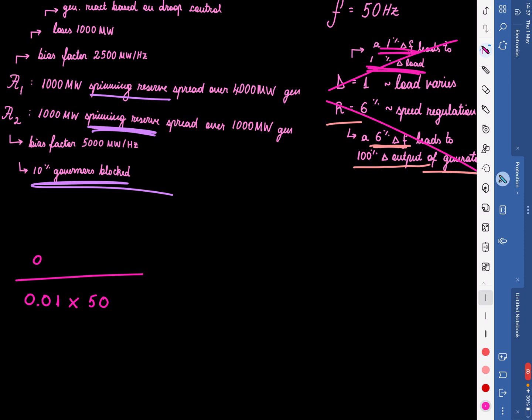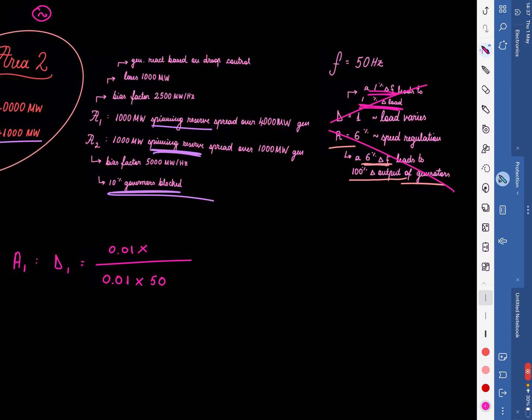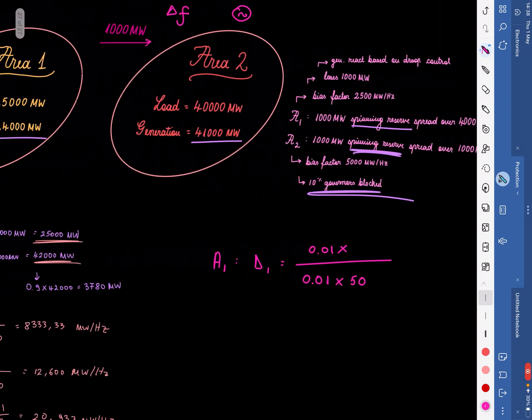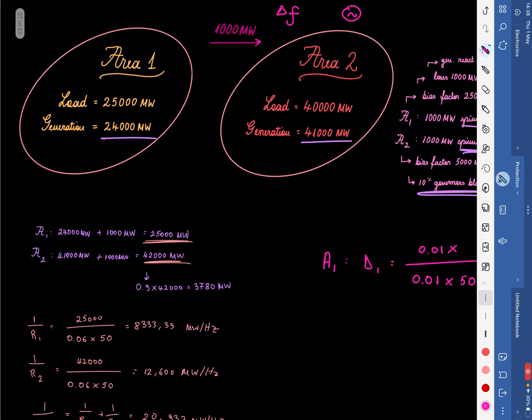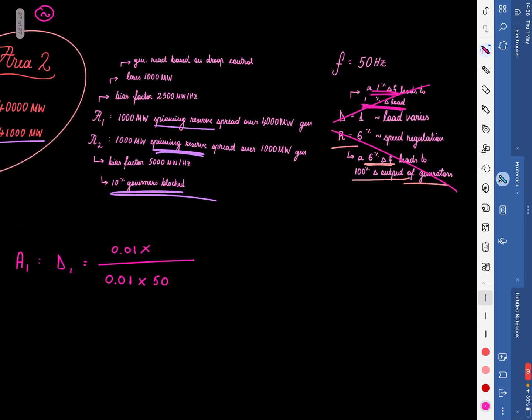So 0.01, what's the load? Now we're dealing with the load. So for area 1, 25,000, but we're losing 1,000, so it's going to be 24,000. So that's 480 megawatts per hertz.